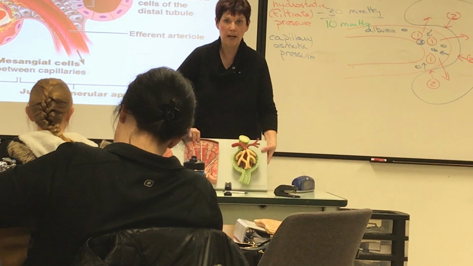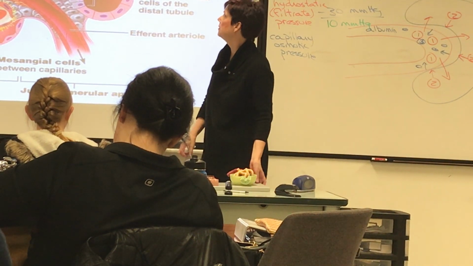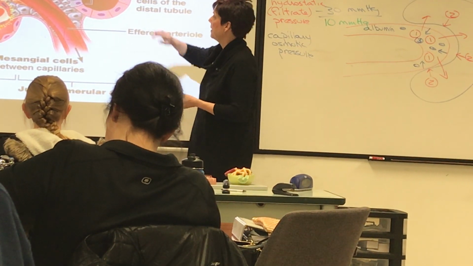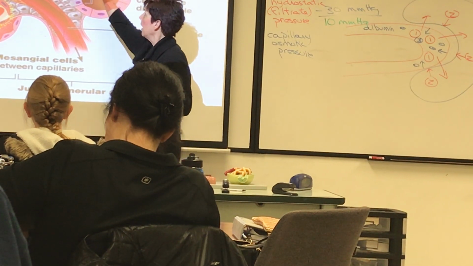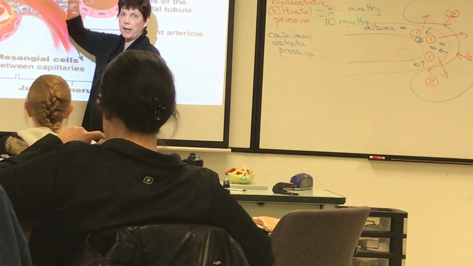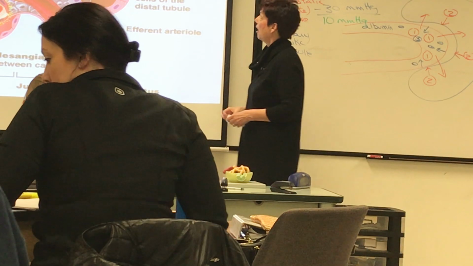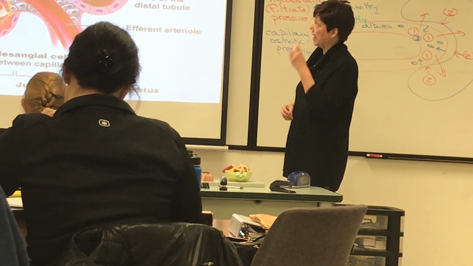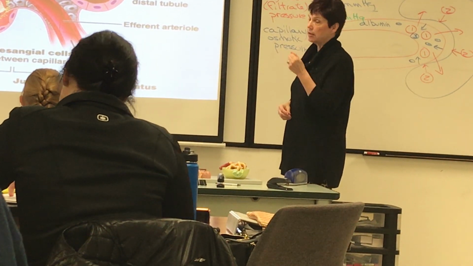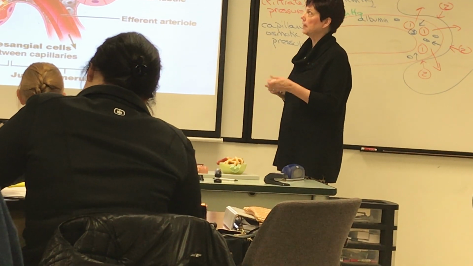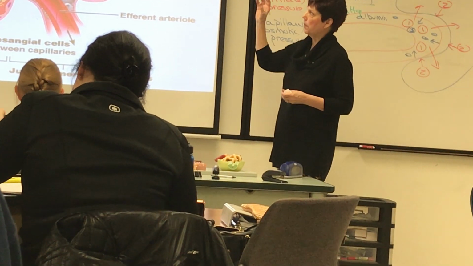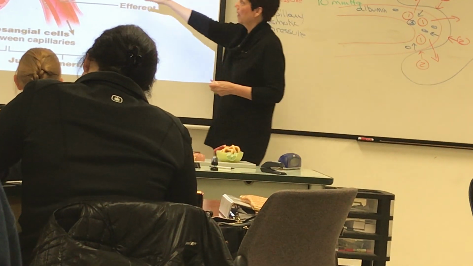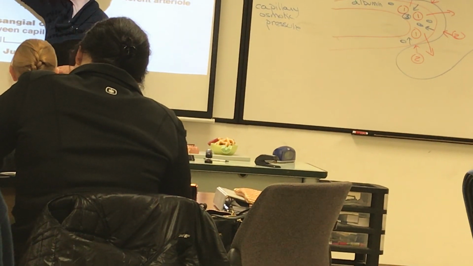Okay. Now, in addition to the macula densa, in this afferent arteriole are specialized cells known as granular cells or juxtaglomerular cells. And then we have extraglomerular mesangial cells in here.